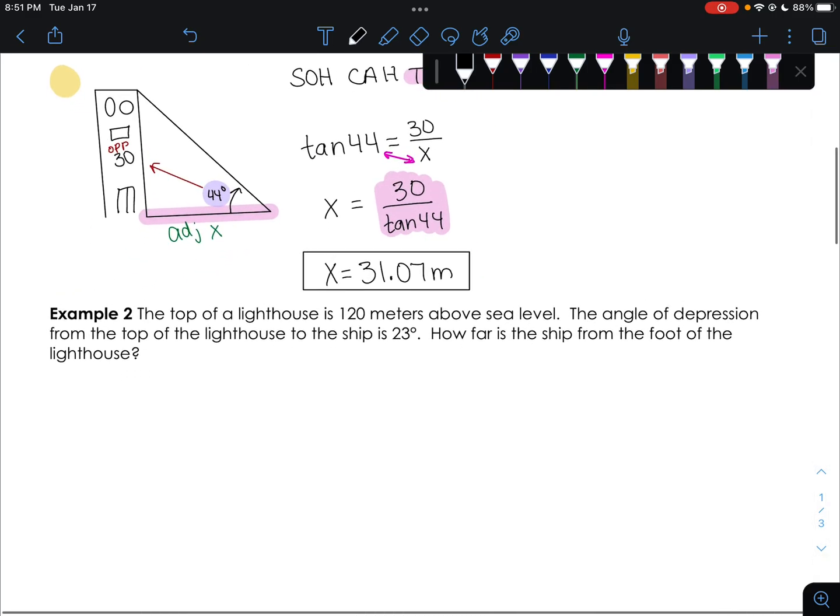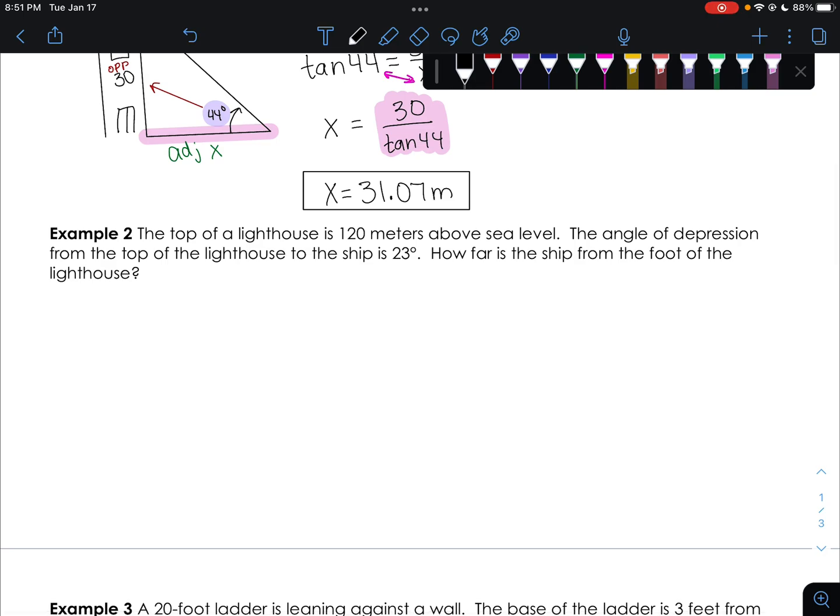Example number 2. The top of the lighthouse is 120 meters above sea level. The angle of depression from the top of the lighthouse to the ship is 23 degrees. How far is the ship from the foot of the lighthouse? So we have our lighthouse, we have our ship somewhere over here. The lighthouse is 120 meters above sea level, and we want to find how far the ship is.